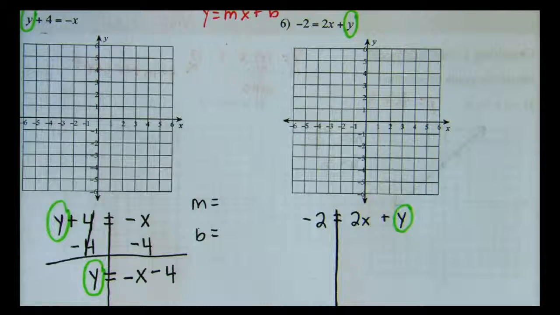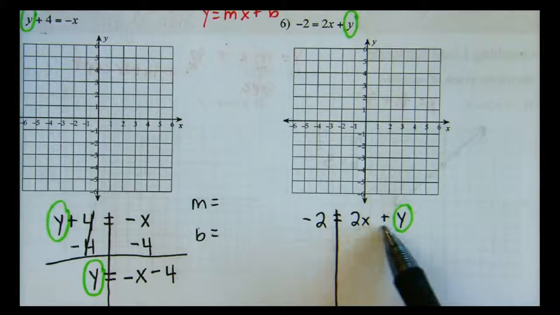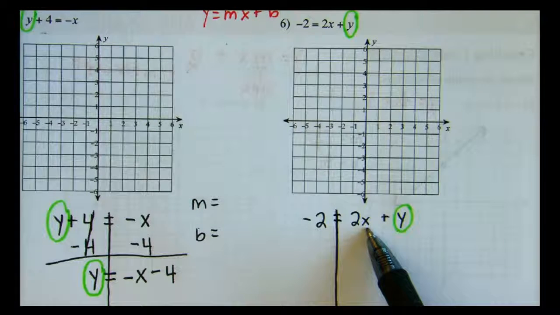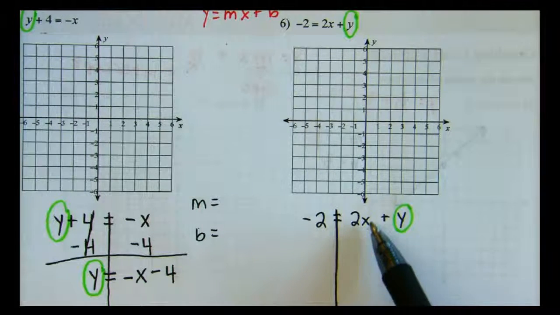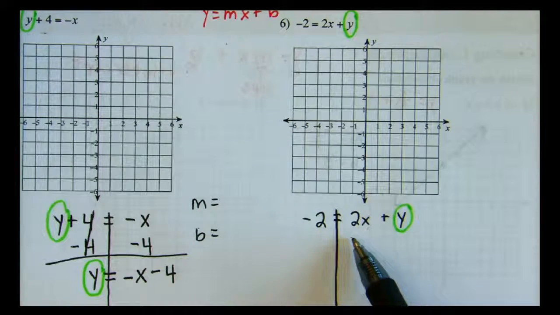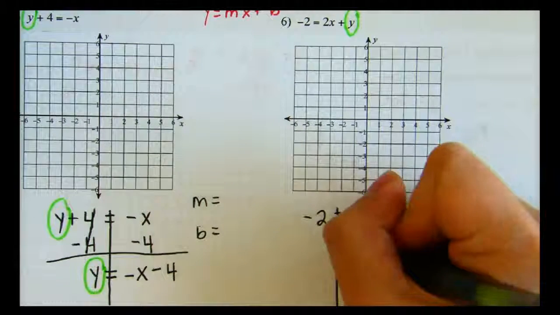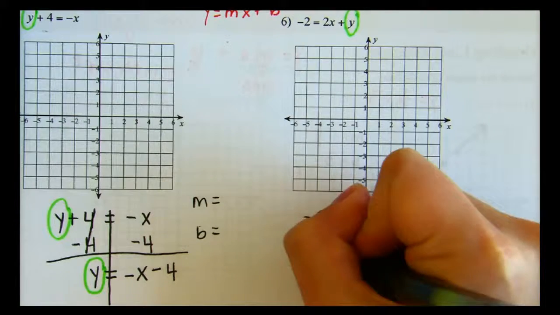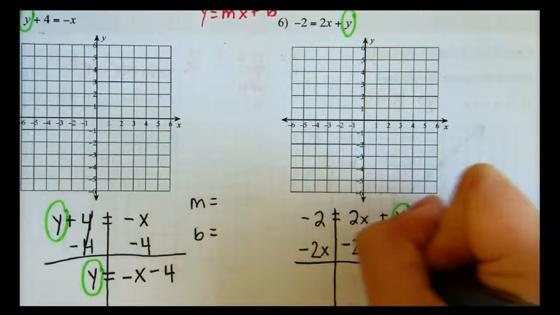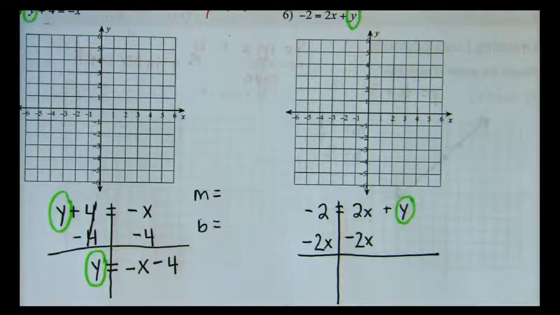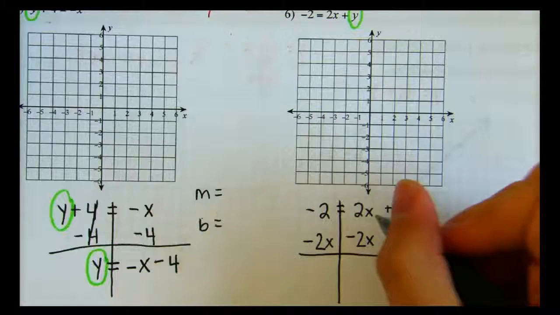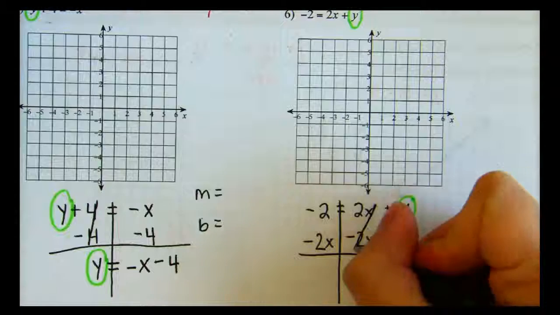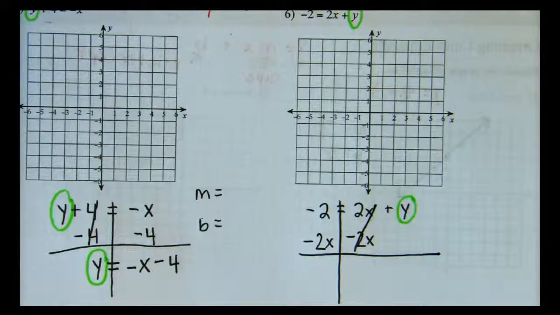And so to get rid of that 2x, if I've got a plus sign in between, to make this equal to 0, I need to subtract 2x from both sides. So when I do that, my 2x's are going to cancel out. They're going to equal 0.